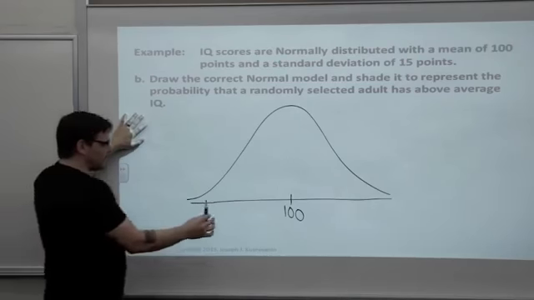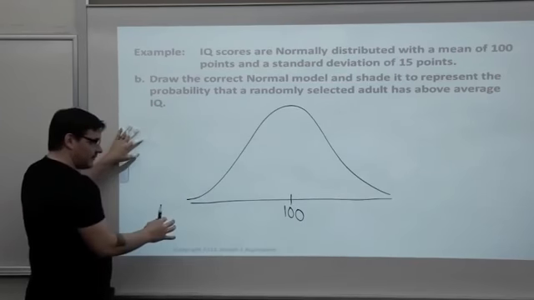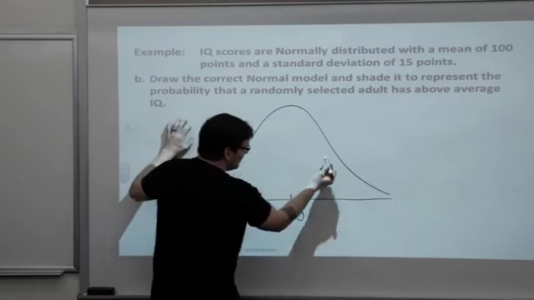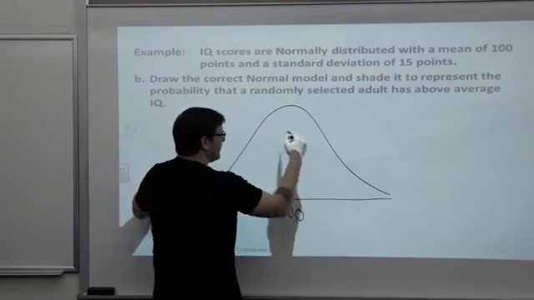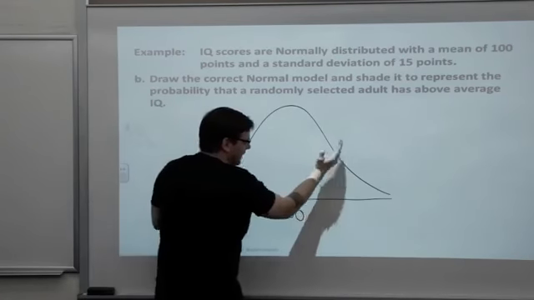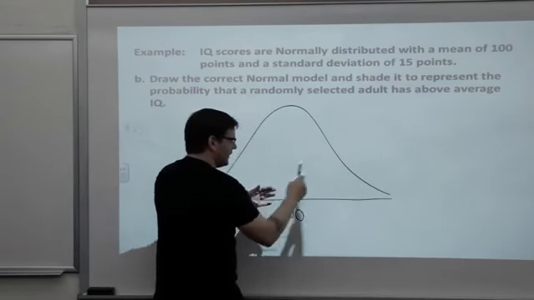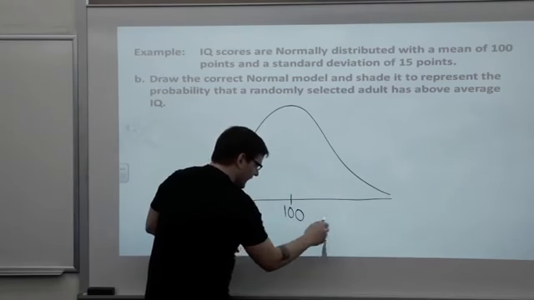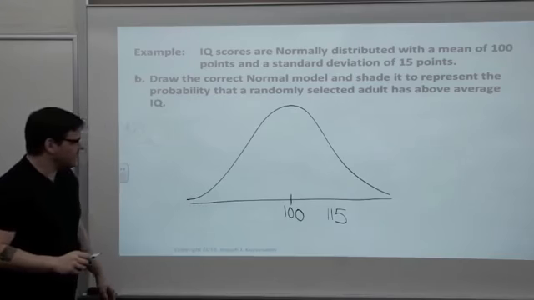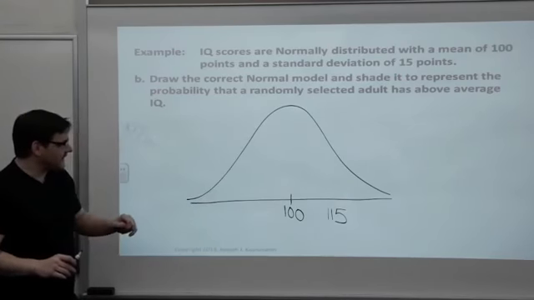If you were going to label this axis, and we won't do too much labeling here, but one little thing I want to make sure that we do mention. Right about here in the normal model where the curve is cupped downward, and here it turns to cupped upward, this little tick mark here is precisely 115. And how do I know that's 115?